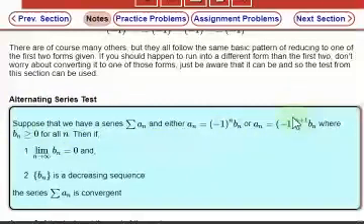Either this way or this way. So this positive or non-negative quantity should be reducing to 0. Then that series is convergent. So this is the alternating series test.